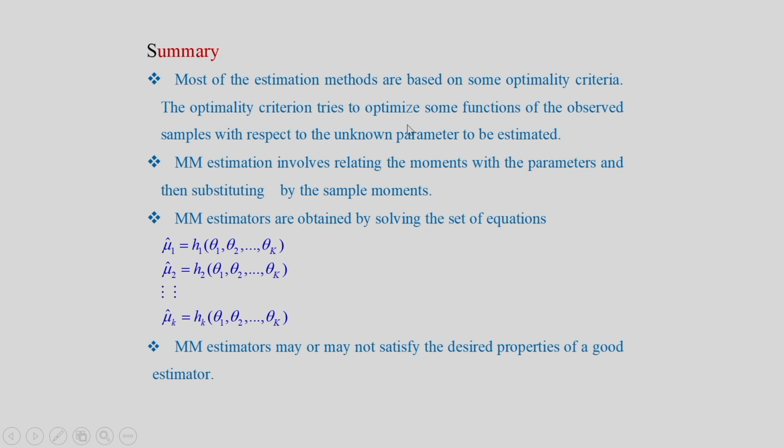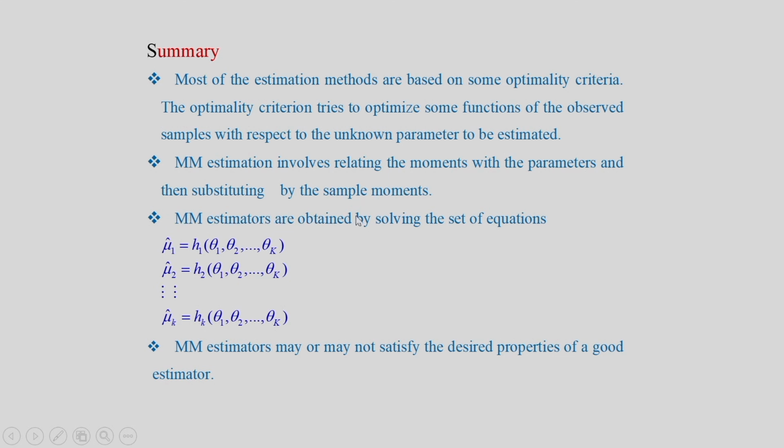Let us summarize the lecture today. Most of the estimation methods are based on some optimality criteria. The optimality criterion tries to optimize some function of the observed samples with respect to the unknown parameter to be estimated. Method of moment estimation involves relating the moments with the parameters and then substituting the moments by the corresponding sample moments.